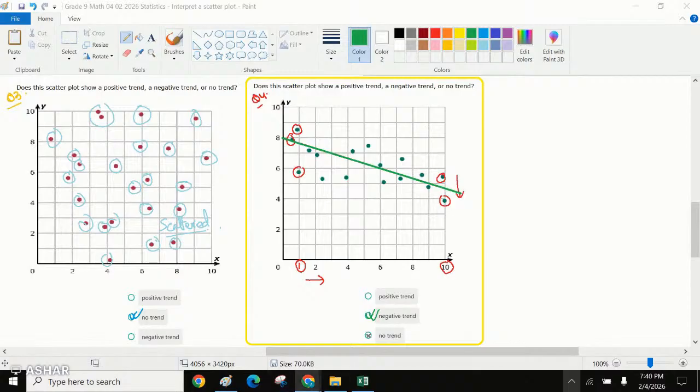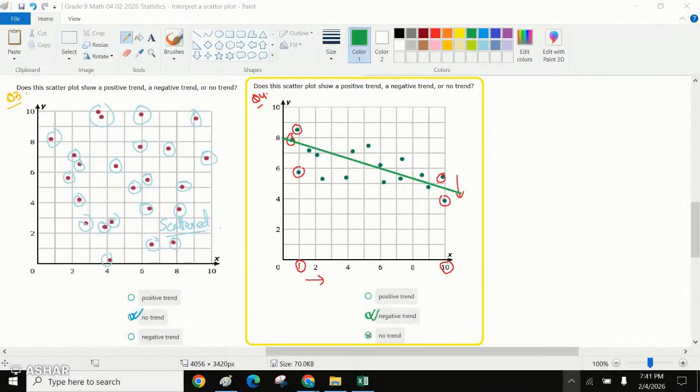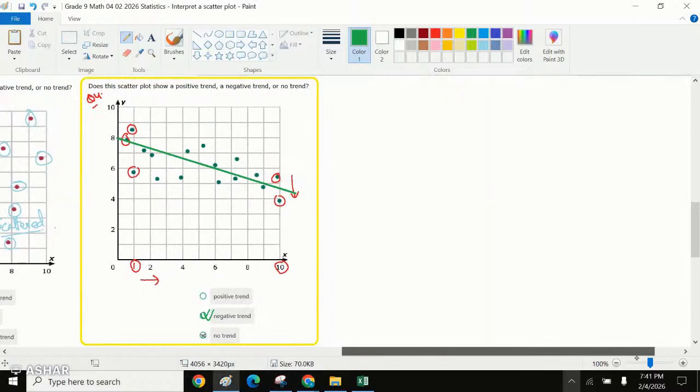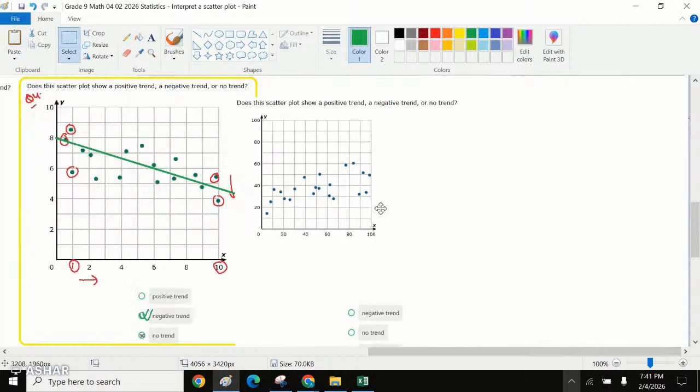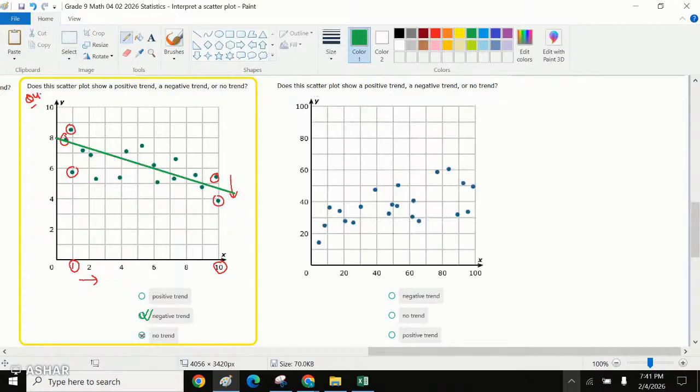Let's try one more. Does this scatter plot show a positive, negative, or no trend? When we look at the next question, question number 5, we'll have this information. Can I have the answer? If this was our question number 5, it's not scattered, right? No trend is out of picture. What can we have?